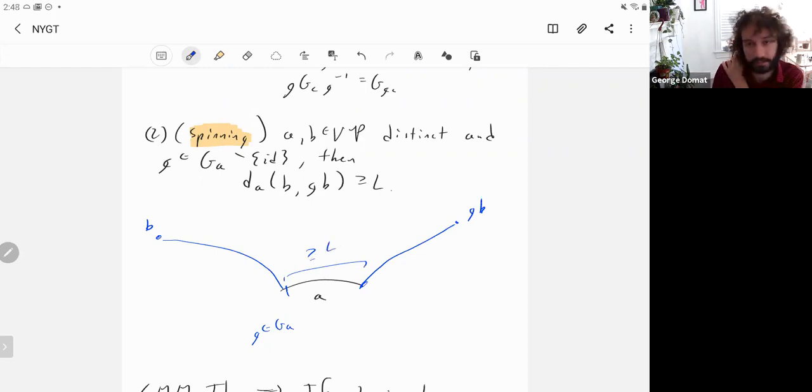It's bigger than L. It doesn't immediately look like the rotating condition, but the way we defined our projection distances, they will be equivalent.